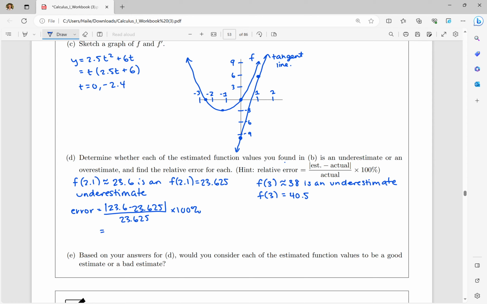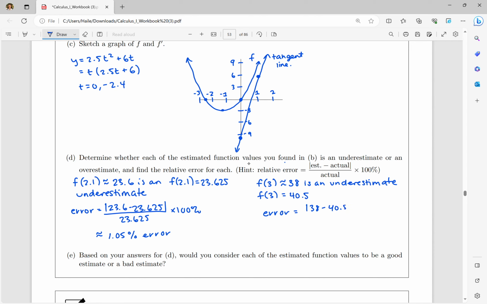And this gives us approximately, and I'm okay if you put this into a calculator, approximately 1.05% error.